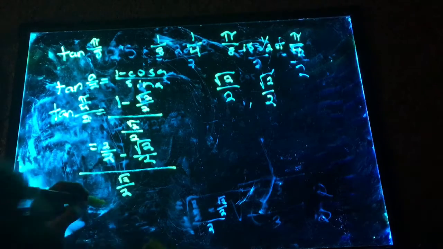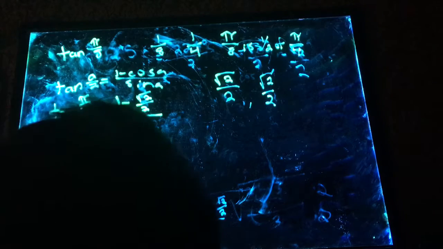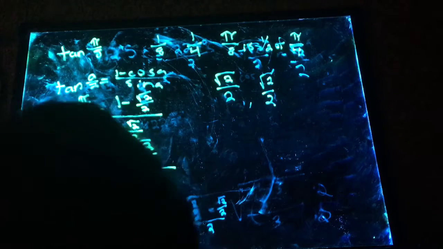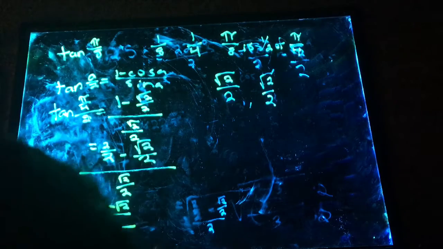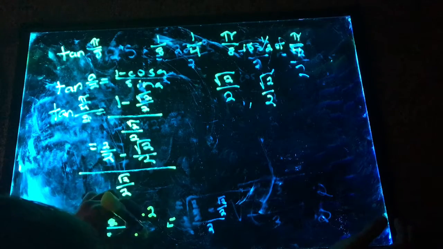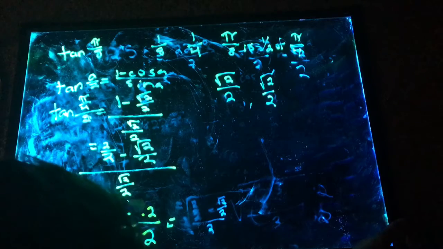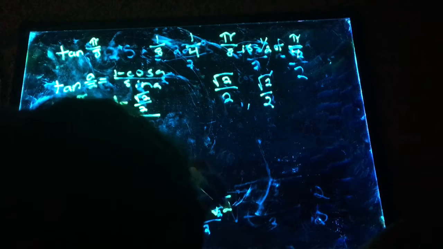We can simplify this even further into 2 minus the square root of 2 over 2, all over the square root of 2 over 2. And then this, we can multiply now both top and bottom by 2, or 2 over 2, I guess that's the same thing. And that would give us 2 minus the square root of 2 over the square root of 2.